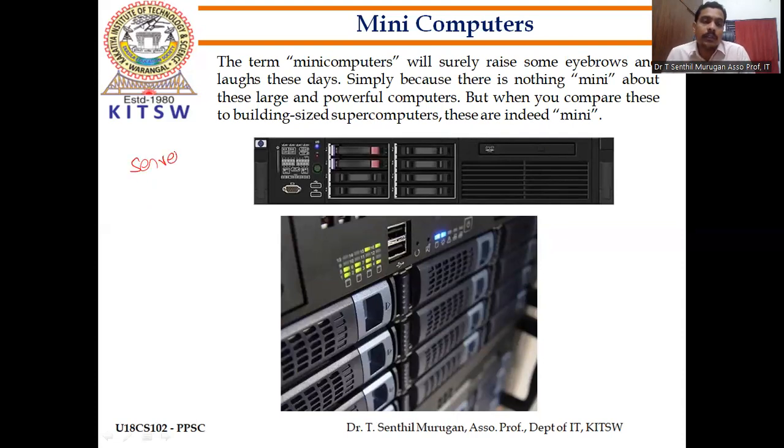There are different types of servers nowadays: tower servers, rack servers, and blade servers. Compared with a normal computer, their size is large, but compared with the supercomputer and mainframe, it is small. That's why we call this a minicomputer.